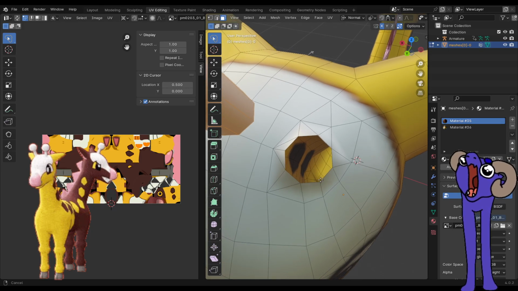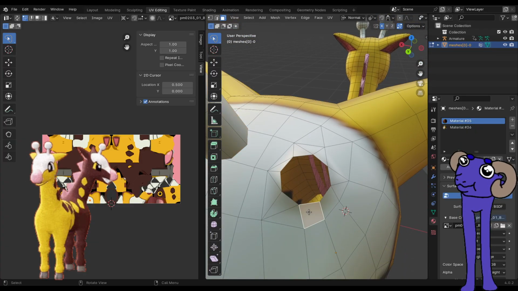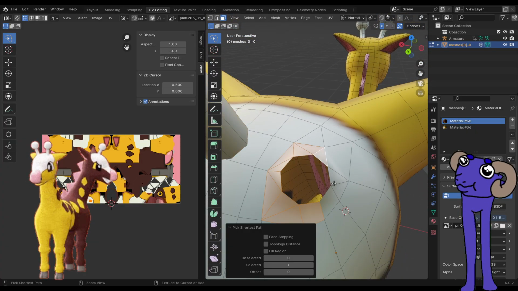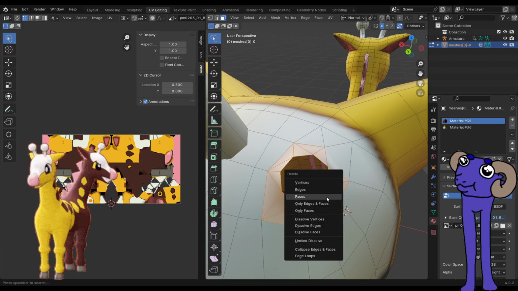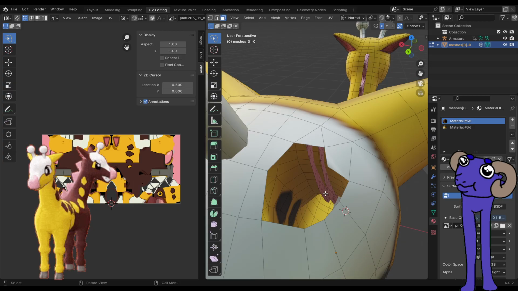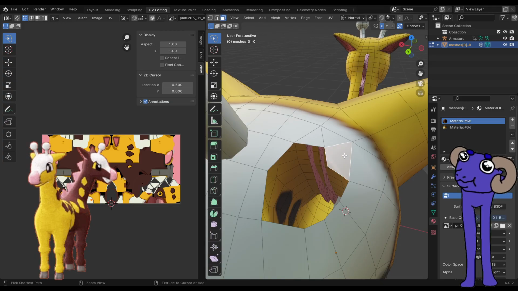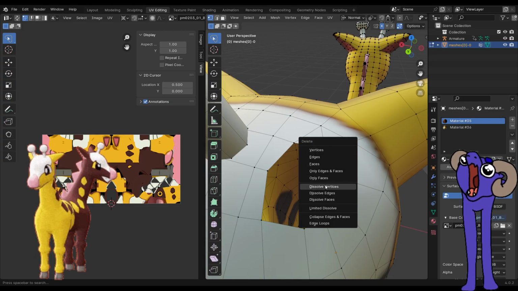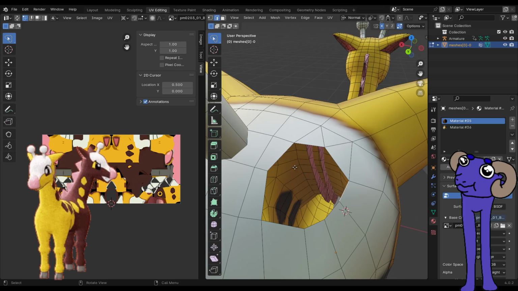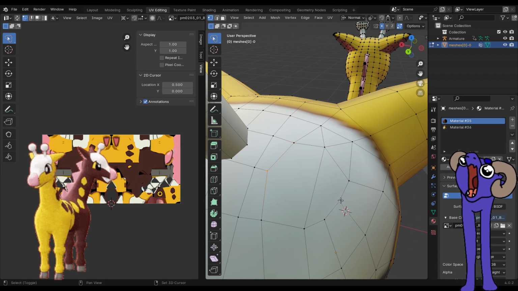What's the best way to close up that hole? What if I dissolve this vertex and then build this and build this, and then we join these together.